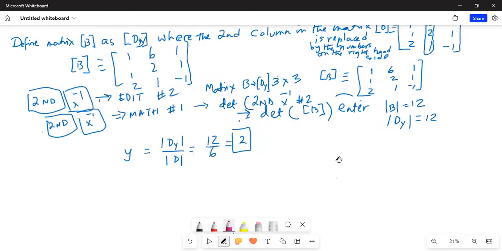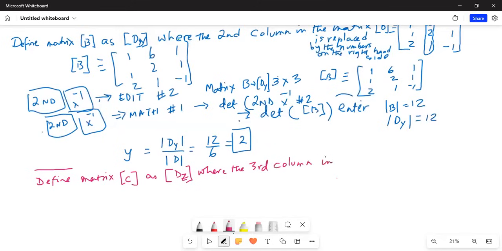So we have to define matrix C as matrix dz, where the third column in the original matrix D is replaced by the numbers on the right-hand side.